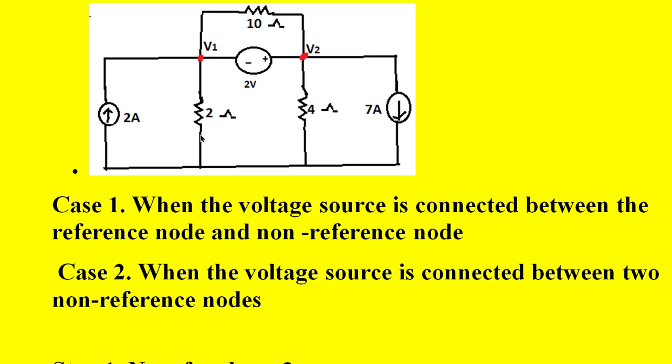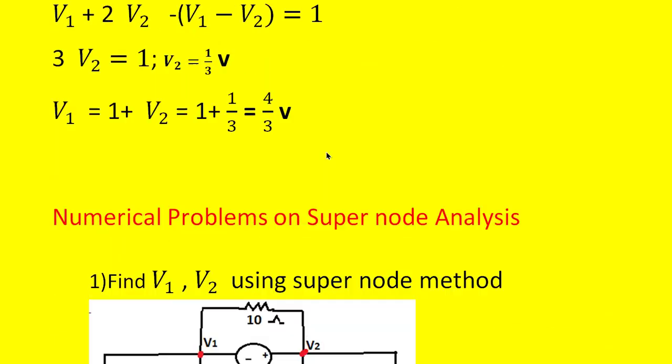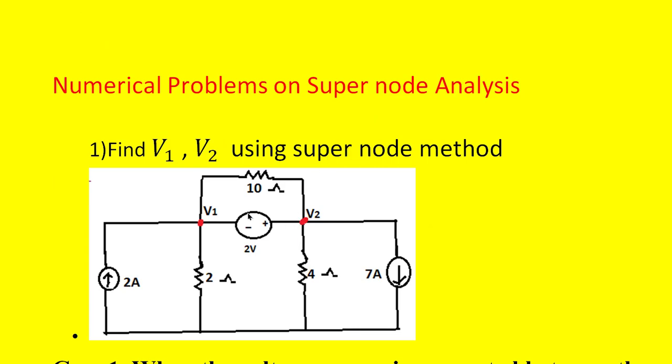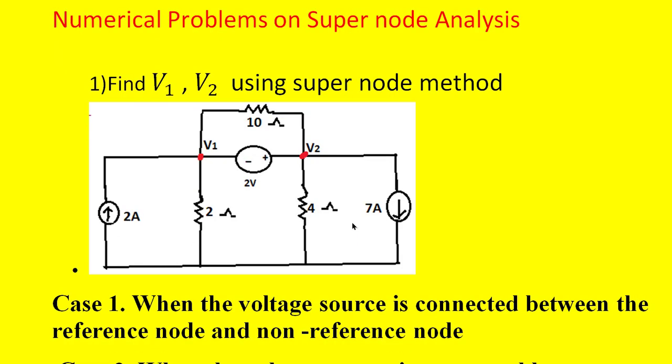Similarly, there is no voltage source between this node and the reference node. So the second condition is not valid. Then what is the first condition? Is there any voltage source between the non-reference nodes? Yes, V1 is a non-reference node, V2 is also a non-reference node. Between these 2 points there is a voltage source of 2 volts. So we say this circuit is a supernode circuit.